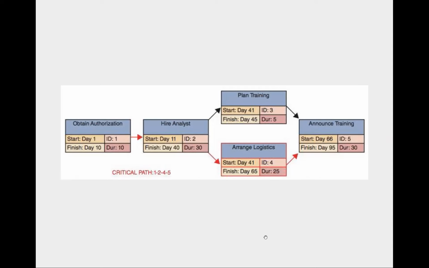Task 2, 30 days. Task 3, 5 days. Task 4, 25 days. Task 5, we have 30 days. So totally, we can say it will take about 95 days to finish the project. Right, okay. Any questions?